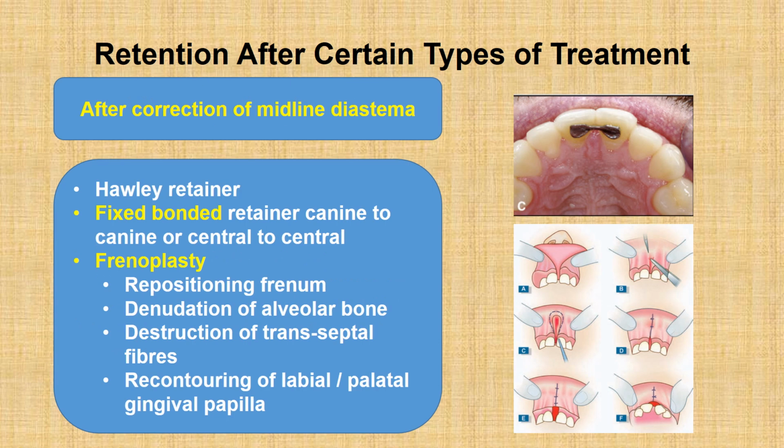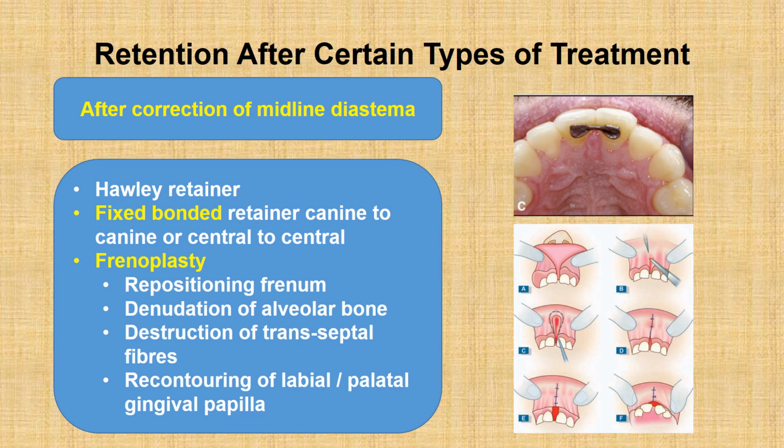Now, after correction of a midline diastema, a Hawley retainer can be used, or more commonly a fixed bonded retainer, canine to canine or central to central, as well as a frenectomy if the diastema is due to a low attachment of the labial frenum.